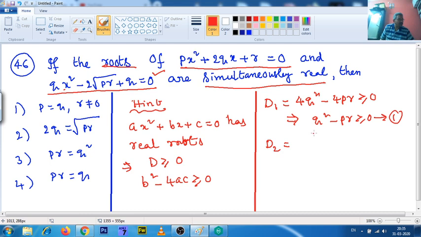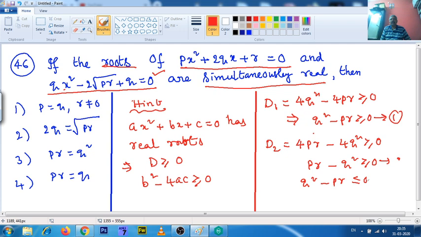D2 means b square, 2 root pr whole square, 4pr, minus 4q square, greater than or equal to 0. So this can be written as pr minus q square greater than or equal to 0. Multiply with a minus sign, you get q square minus pr less than or equal to 0, second equation.